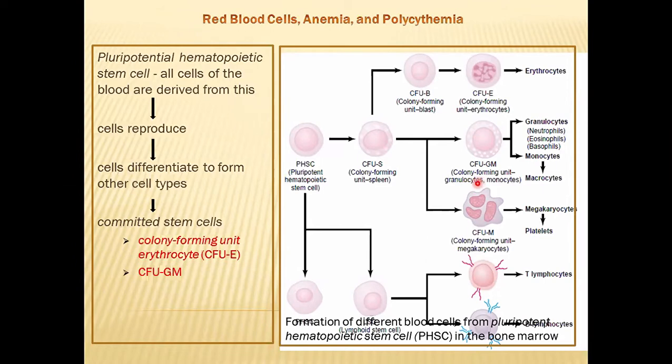the blood cells. And then from the pluripotent hematopoietic stem cell, it also gives rise to the lymphoblast. Okay, so the lymphoblast differentiate further into your lymphocytes, and then your lymphocytes, there are two forms, into the T lymphocytes and to the B lymphocytes.